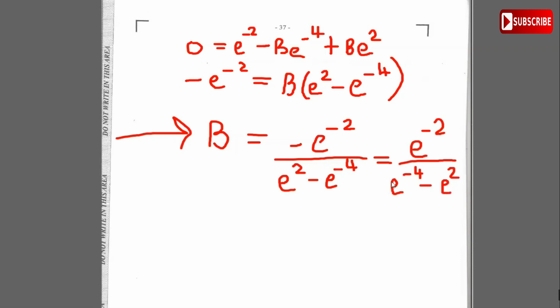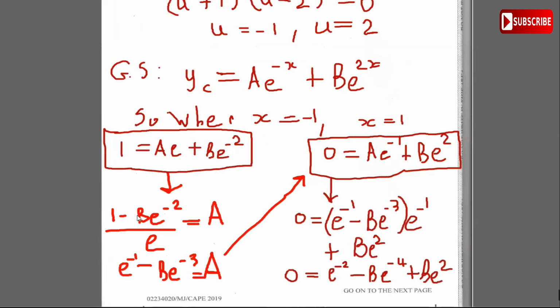Now since this is b now, I already had a formula for a. So a is going to be equal to, going back around here, we said a was e to the minus 1 minus b e to the minus 3.